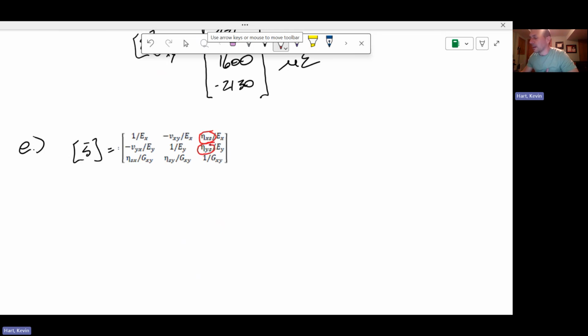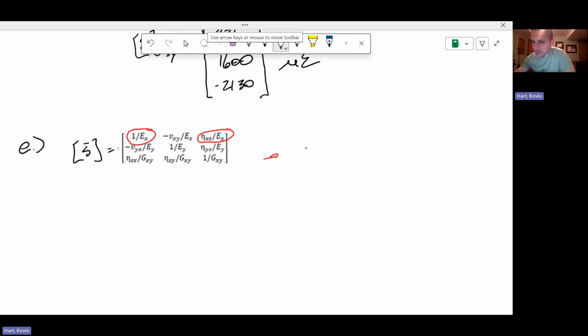All right. So there's a couple ways that you can do this. Many ways that you can do this. Like the individual entries, like the 1-3 entry here, the 2-3 entry, the 1-1 entry. So you could calculate EX, for instance, then use the 1-3 entry to calculate eta XS. Okay, fine. There's many different ways to go about this particular problem, but one clever way to do it is to look at the ratio between, let's say, this and this, right?